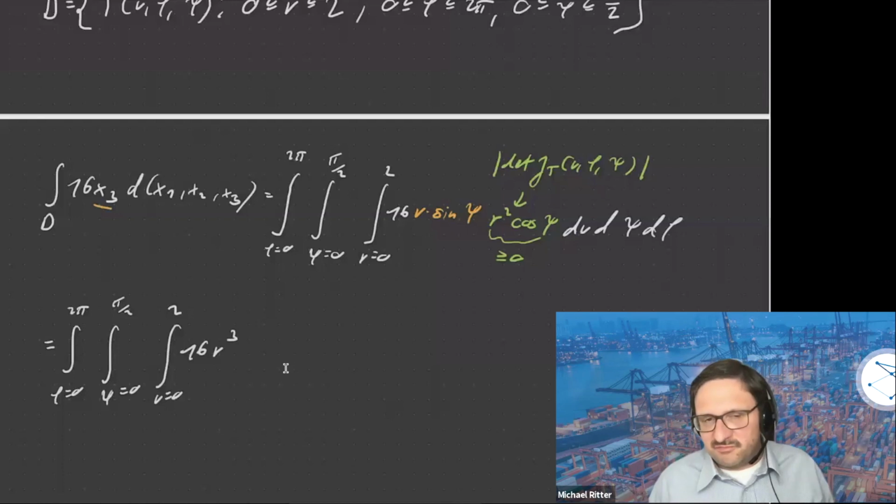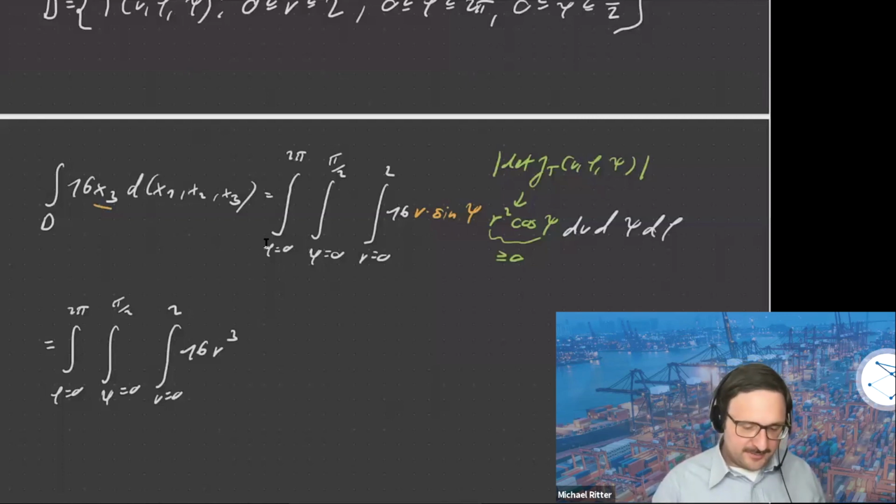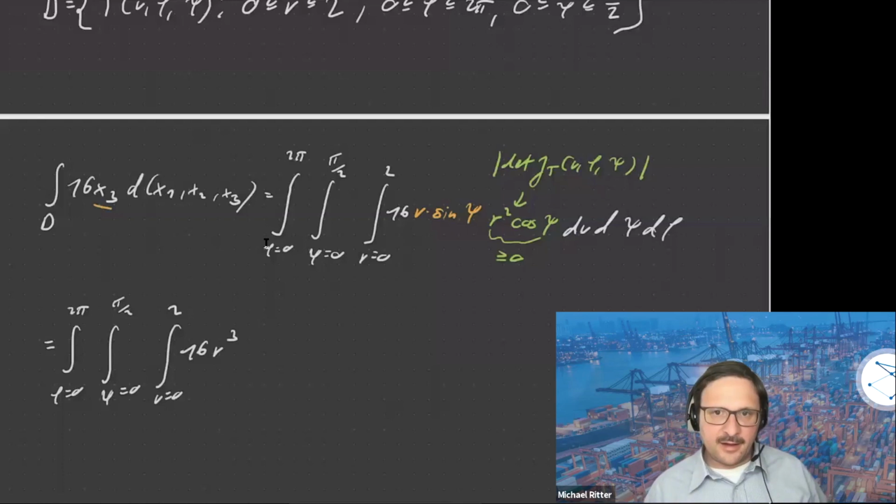And of course, you could probably integrate that by yourself anyway, but the problem statement says we can also use a trigonometric identity. That's the identity sine psi, cosine psi equals 1 over 2 sine of 2 psi.